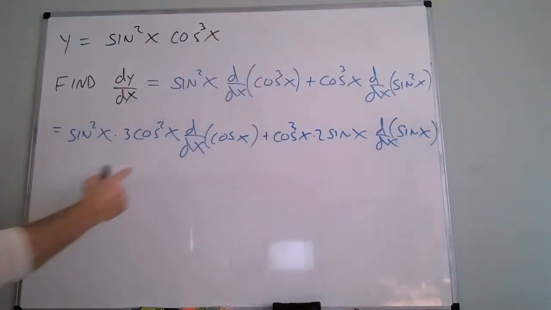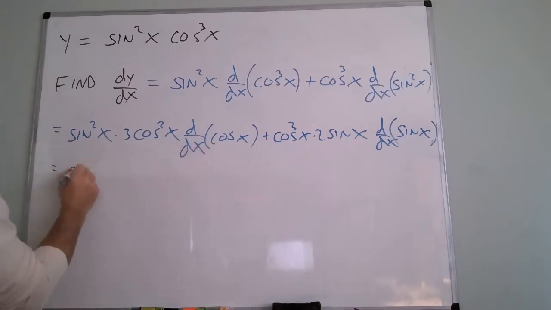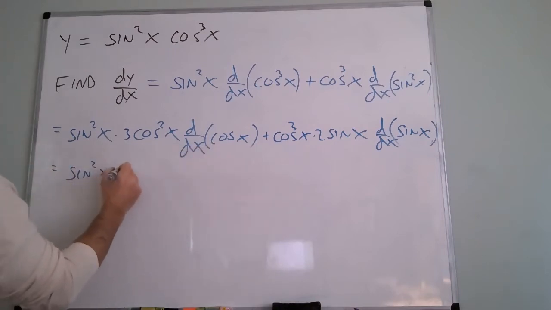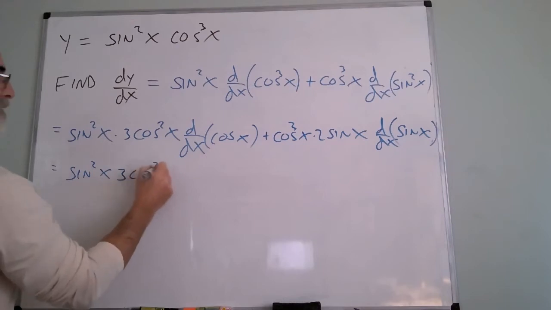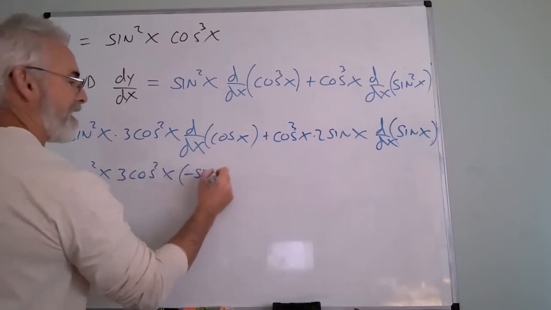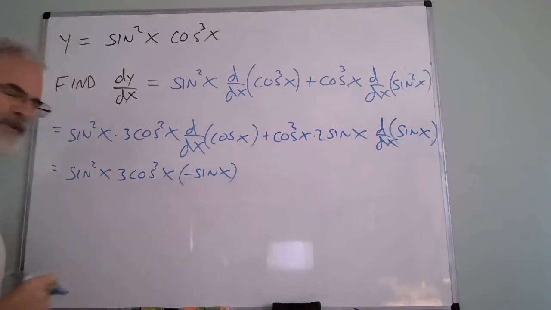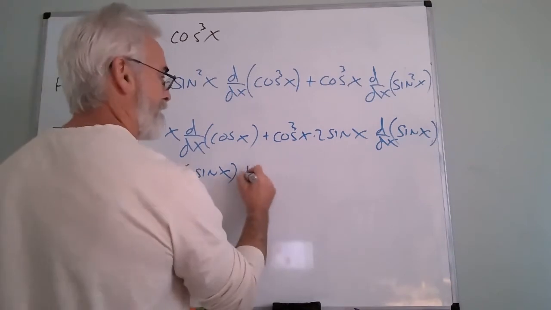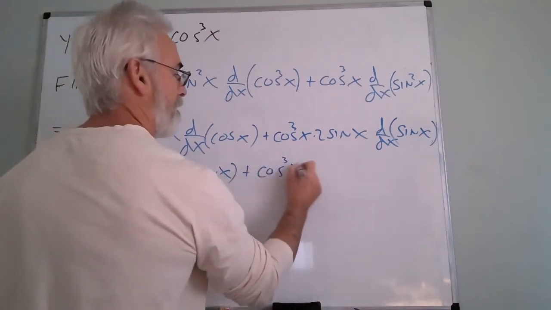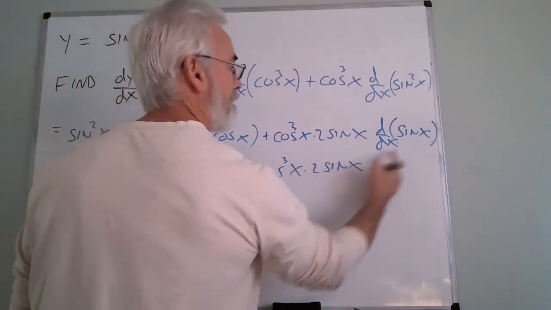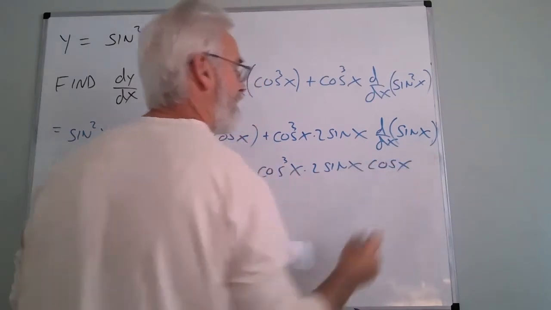Now, finally, we can be done here. So this is sine squared x times 3 cos squared x times negative sine x. Do put the parentheses, because if I don't put the parentheses, I am saying it's a subtraction, and it's definitely not a subtraction. And that would be cos x.